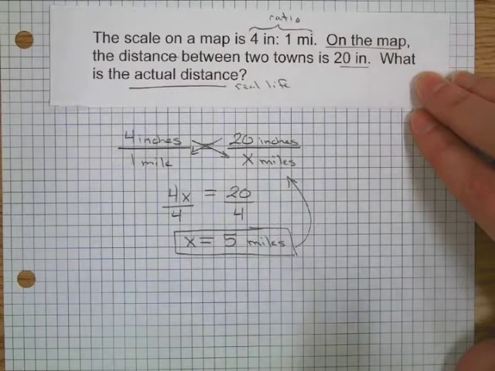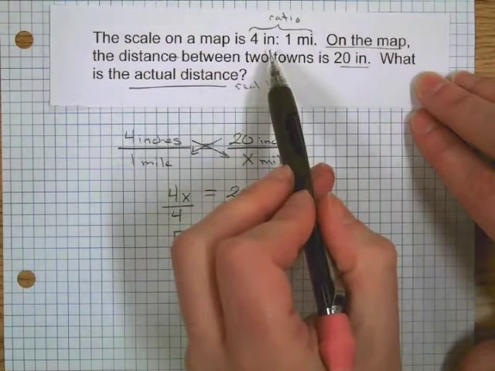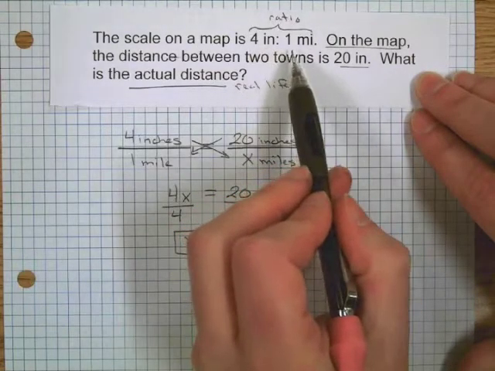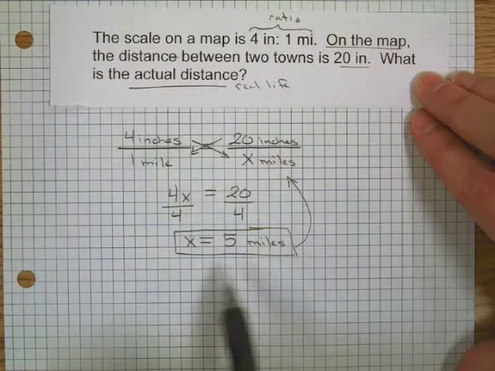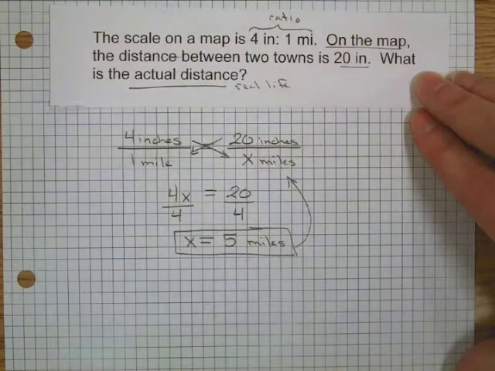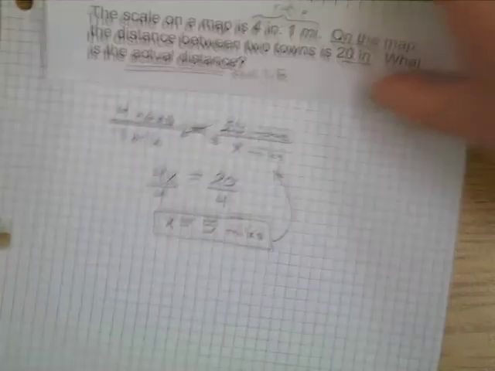So the distance on the map would be 20 inches. But because we know this scale, we know this ratio, 4 inches on the map is equal to 1 mile in real life, we can say that that distance of 20 inches on the map is equal to 5 miles in real life.